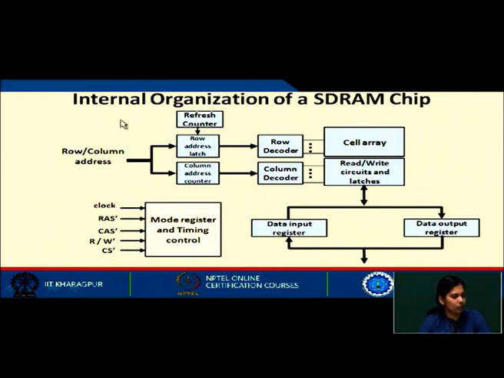So, this overall diagram shows the internal organization of SDRAM, which is very much similar to asynchronous DRAM with some more features: we have a data input register, a data output register, a column address counter instead of a column address latch, a clock involved here, and a mode register, whose purpose we will be seeing.